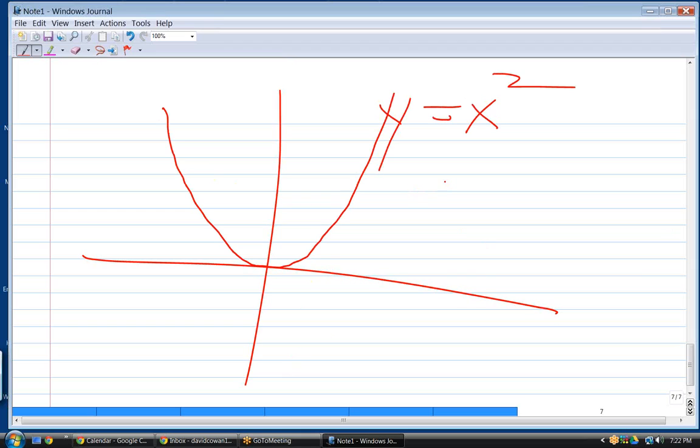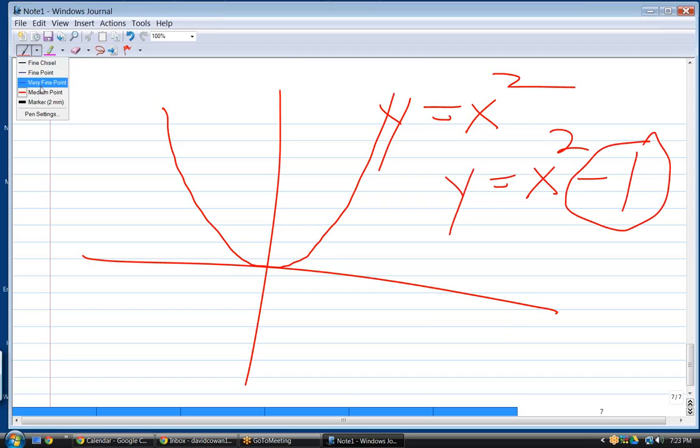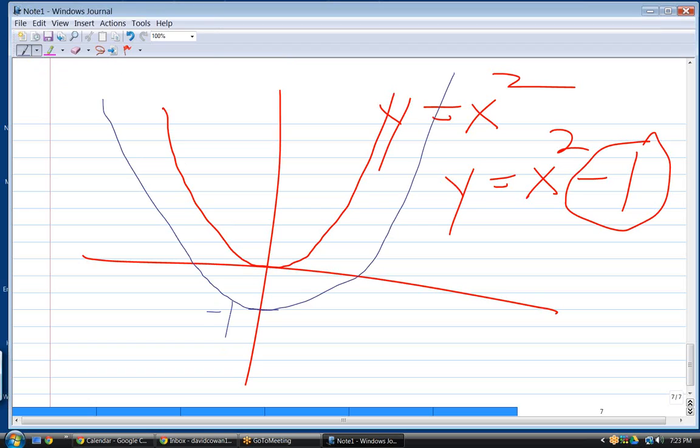And now if I said, how do you graph y equals x squared minus 1? Well, that is a vertical shift. So I take my parabola, I move it down 1, and I redraw the same shape, only going through the y-axis there. In other words, whenever you take a function and you add or subtract a number to the end of it, it's strictly a vertical shift.